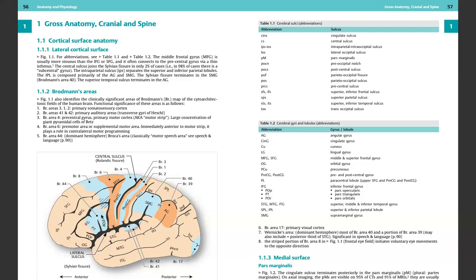Of course, the frontal lobe has various functions, as we all know. It has speech function, motor function, and executive function, and it is also important in memory.